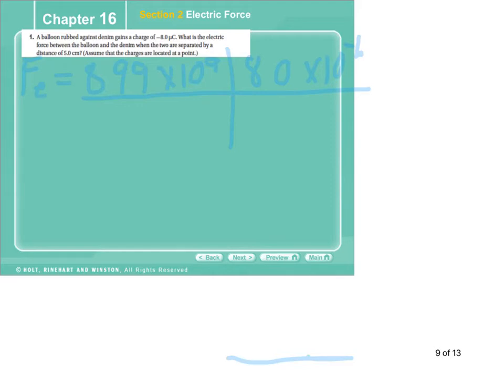And if one of these objects rub together, charged by contact, gains a charge of 8.0 microcoulombs, the other one loses that charge, so it's going to be also 8.0 times 10 to the negative 6.